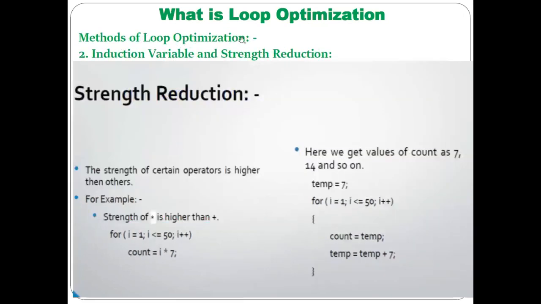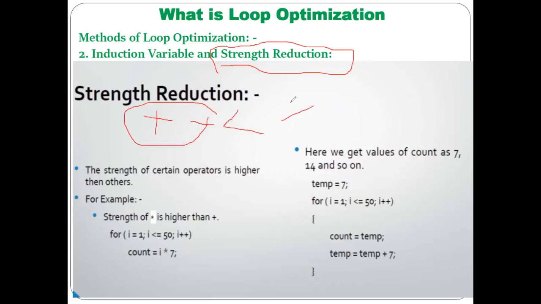Now related to that, the technique we have is the strength reduction technique. What exactly is the strength reduction technique? Generally, the strength of some operators that you utilize in a programming language is higher compared with some other operators. For example, the plus operator and minus operator have less strength compared with the star operator and the division operator.